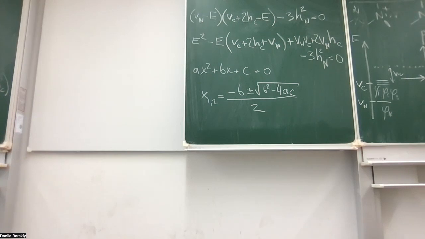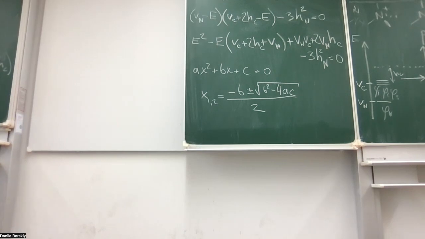You keep the same thing, plus 12 HN squared. And now what I will do, look, this was 2 VN times VC plus 2HC minus 4 VN times VC plus 2HC. So I'm going to take advantage of the board.